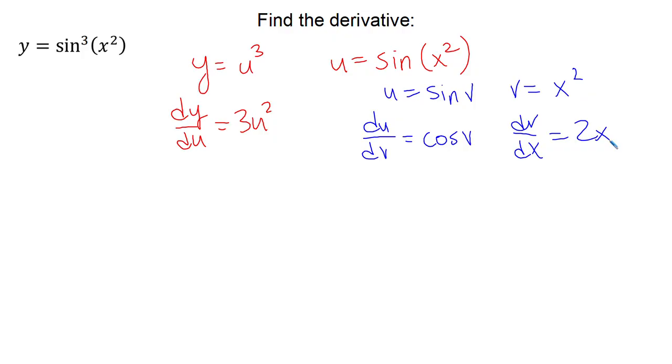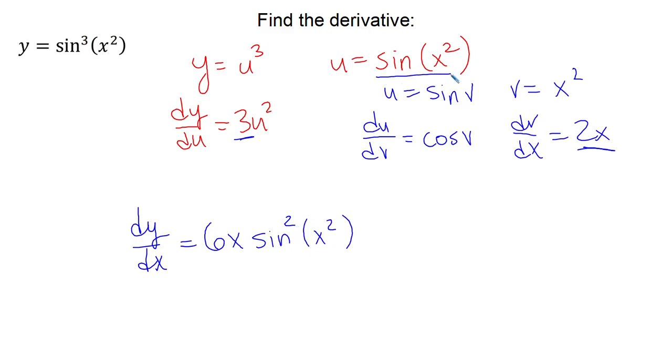So we now have three things that need to be multiplied together here to get our final answer. We have a 3 right here, and we have the 2x here, so that's going to be a 6x. And then we have a u squared, so that'll be sine squared of x squared, right, because u was the sine of x squared. And then we have cosine of v, which is just the cosine of x squared.